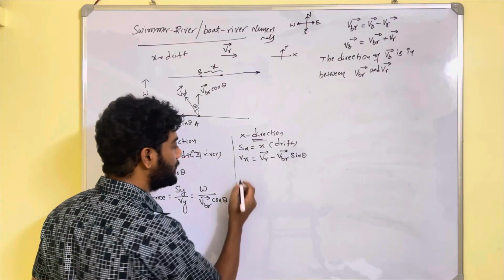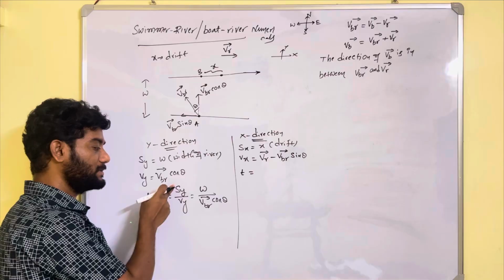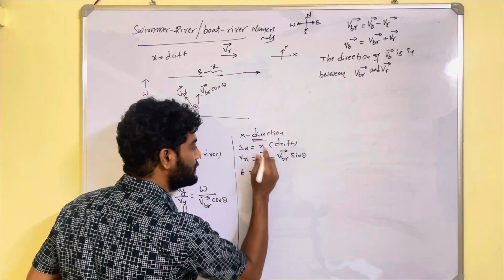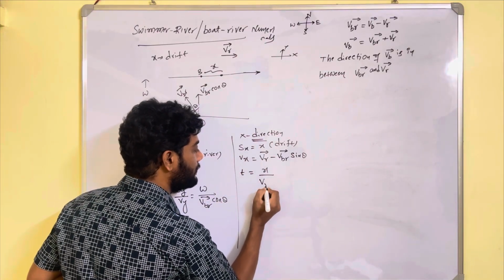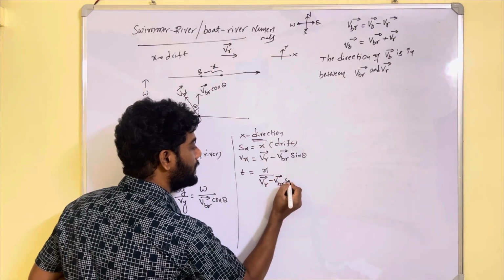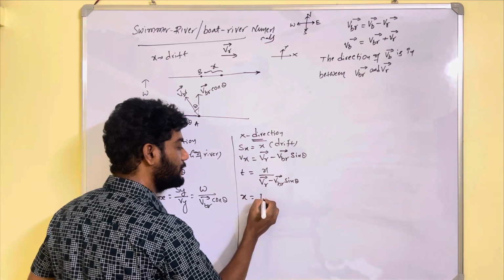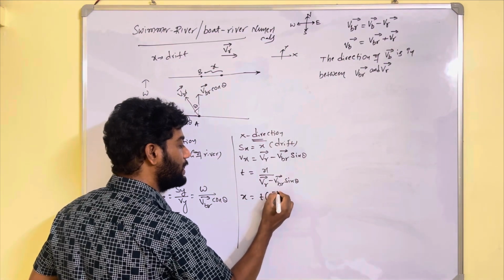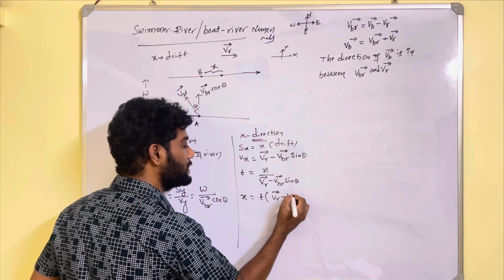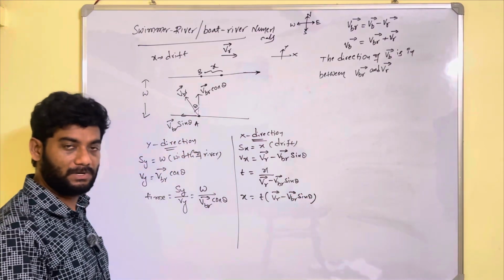So here also time t equals displacement by velocity. Displacement x by vr minus vbr sin theta. हमको ड्रिफ्ट चाहिए. So x is equal to t into velocity of river minus velocity of boat with respect to river sin theta. This is the concept. ठीक है, समझो ना.